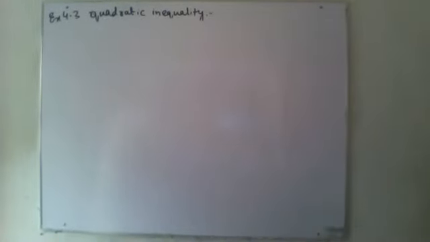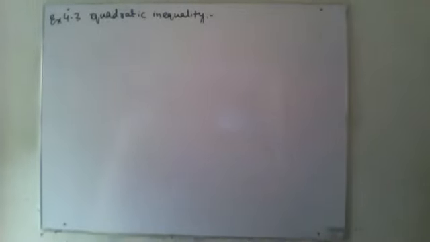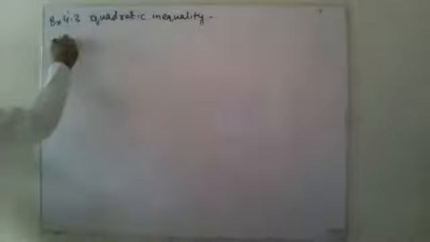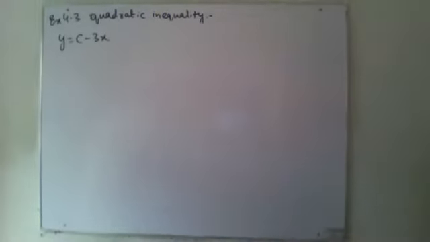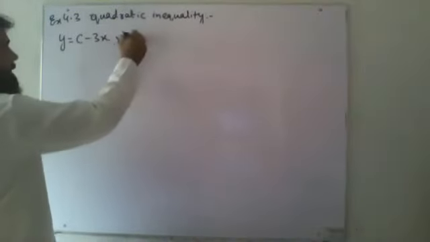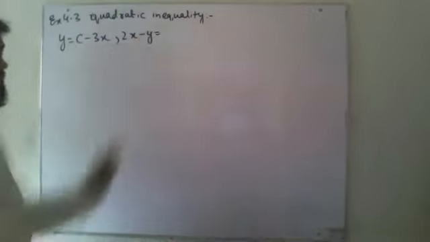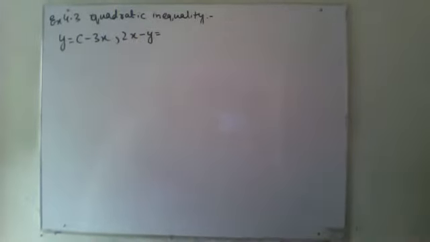Question number 10. The question number 10 says that y equals c minus 3x does not intersect a line, and the line was 2x minus y equals k.